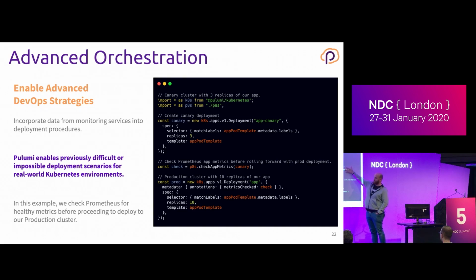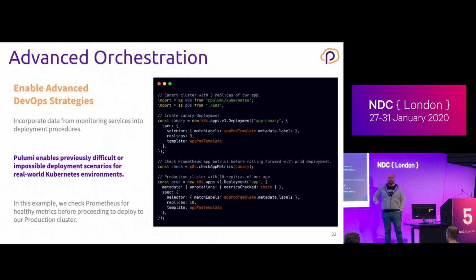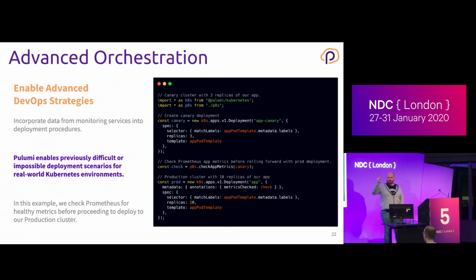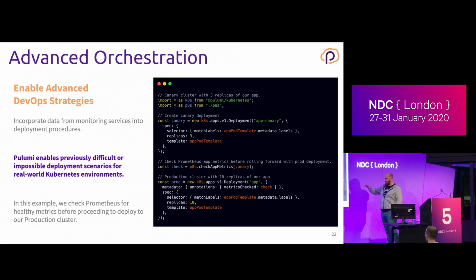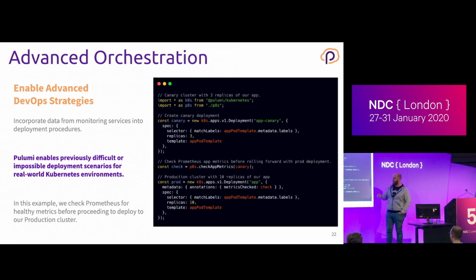We want to deploy a canary of 3 replicas. After we deploy those 3 replicas, we talk to our Prometheus library. So under the hood, the check app metrics API call is actually talking to your Prometheus cluster, and it's getting the results of all the pieces of information that it needs.